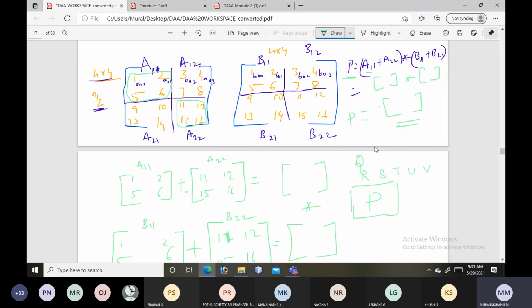See, the problem size is very big, but the calculations are very easy. Only simple basic operations: 2 cross 2 matrix multiplication, 2 cross 2 matrix additions. That's it. Is it clear? Kindly respond, please. Yes, sir.